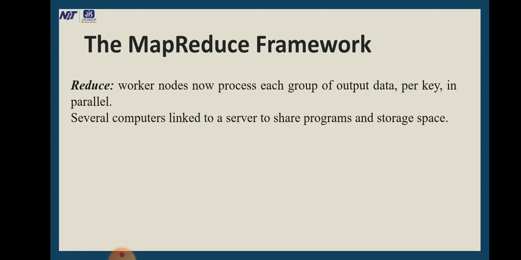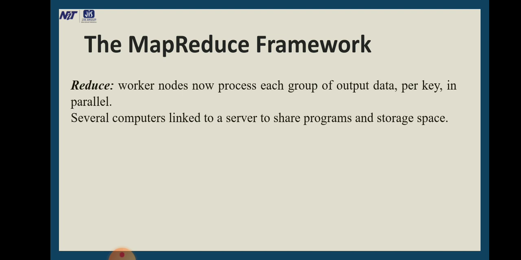Third step is shuffle the map output onto reduce processors. The MapReduce system designates reduce processors, assigns the K2 key each processor should work on, and provides that processor with all the map generated data associated with the key. Fourth, run the user provided reduce code.